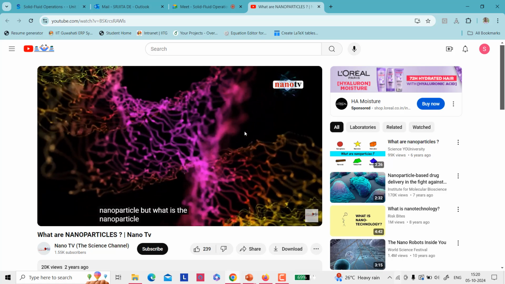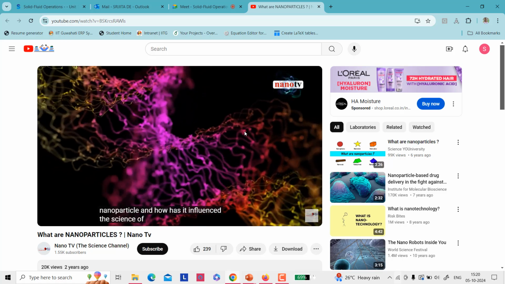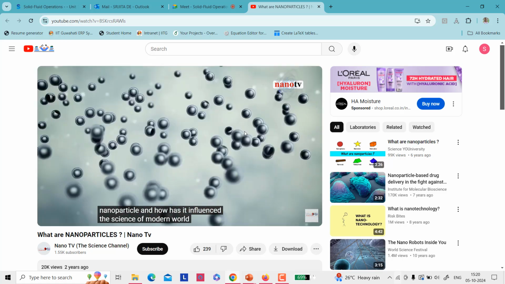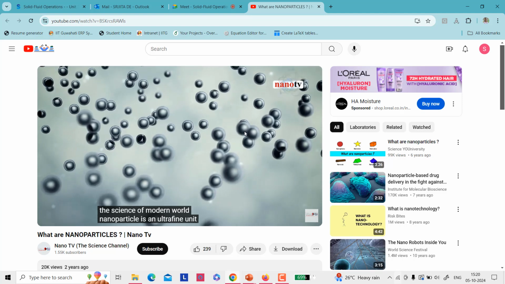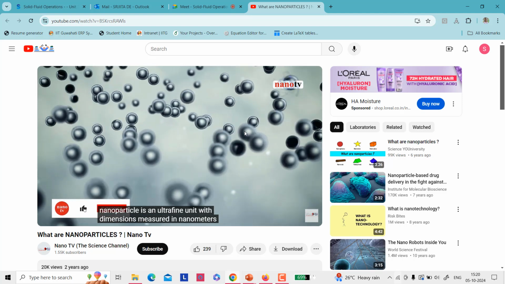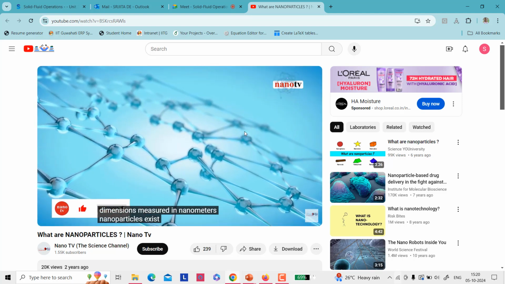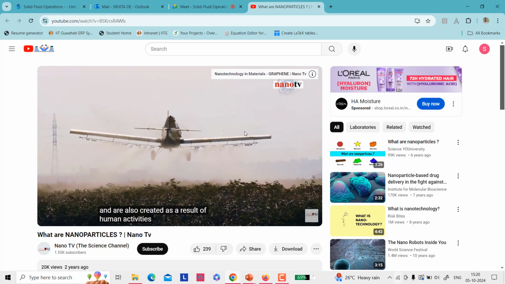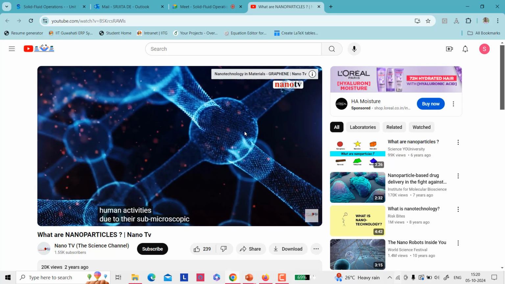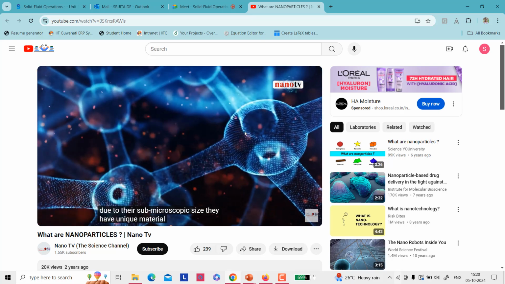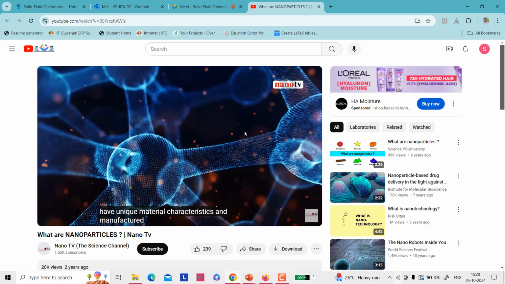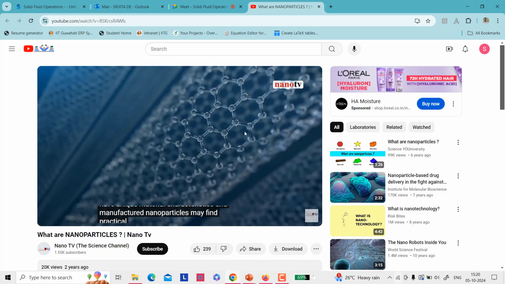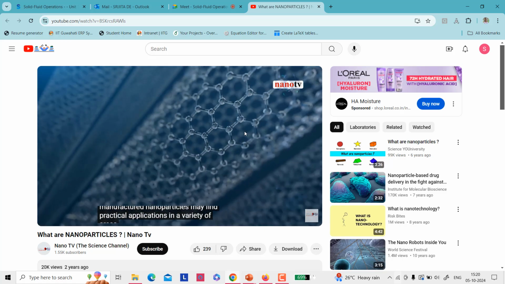A nanoparticle is an ultra-fine unit with dimensions measured in nanometers. Nanoparticles exist in the natural world and are also created as a result of human activities. Due to their submicroscopic size, they have unique material characteristics, and manufactured nanoparticles may find practical applications in a variety of areas, including medicine, engineering, catalysis, and environmental remediation.